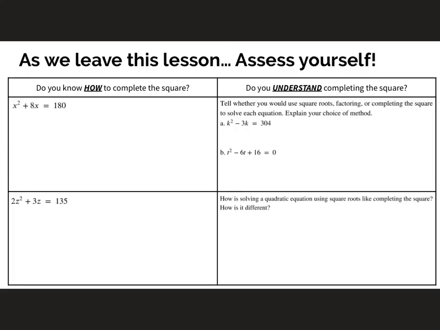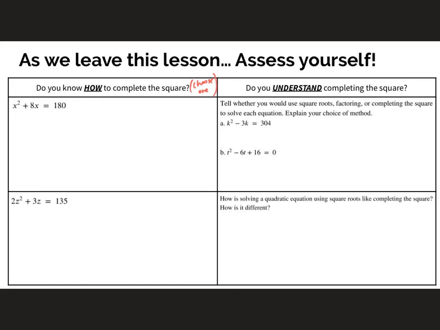So before we leave this lesson and just wrap up, this is an exit ticket, right? So what you want to do is just pick one out of these two. So just choose one of these problems. And then for the second part that's asking you, do you understand completing the square?